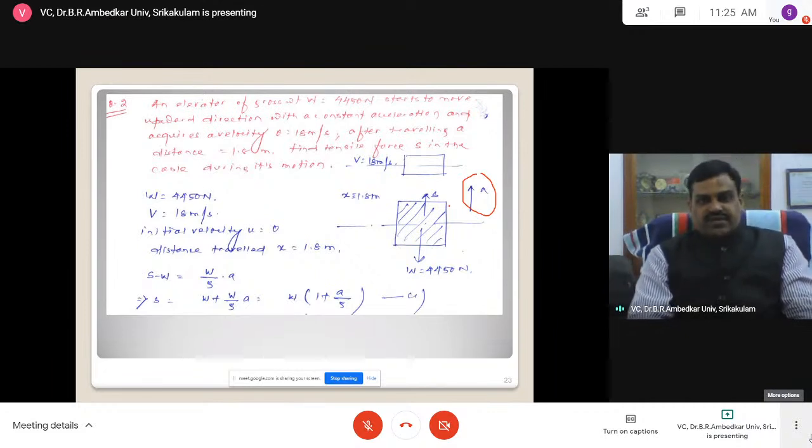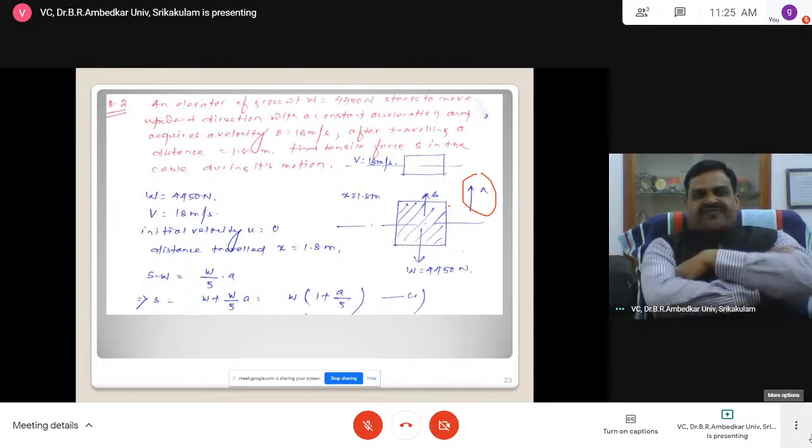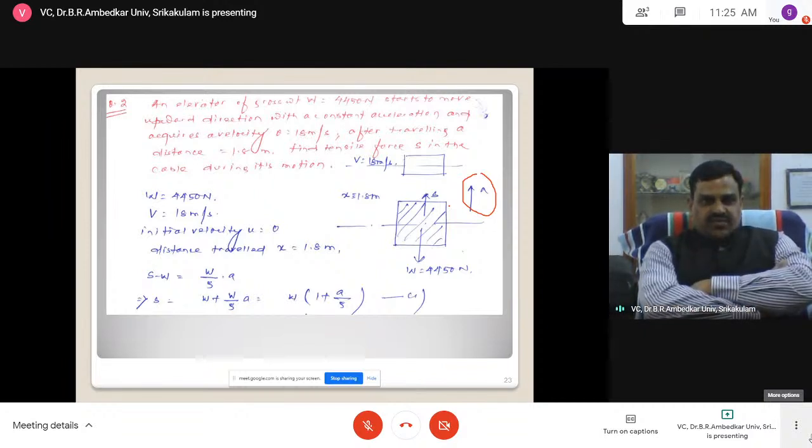Find the tensile force S in the cable during its motion.